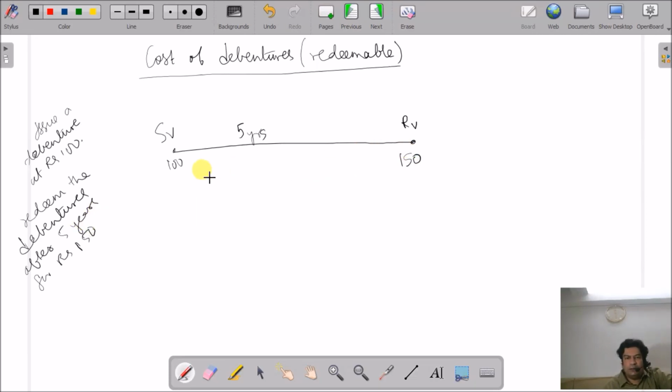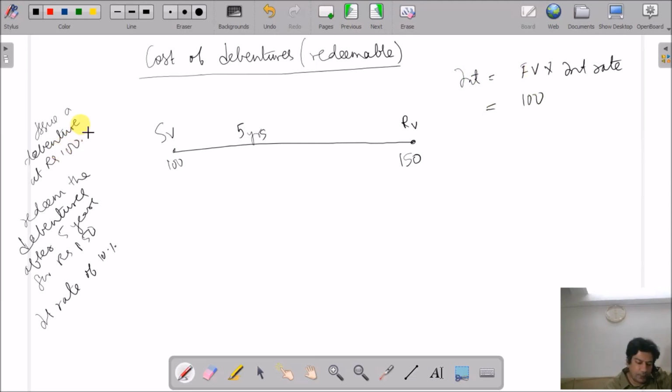So this is similar to the cost of preference share capital, which we have done. Now there is an interest rate of 10%. So the interest will be calculated on the face value. So interest, we will calculate face value into the interest rate. So the face value is 100.